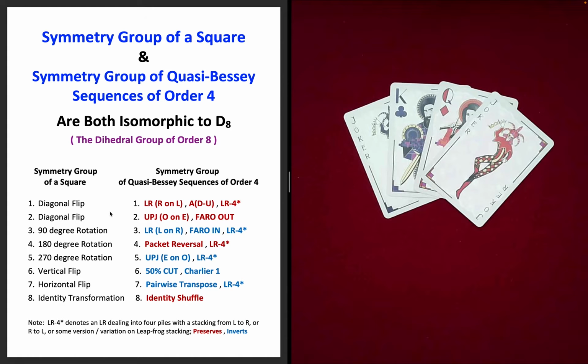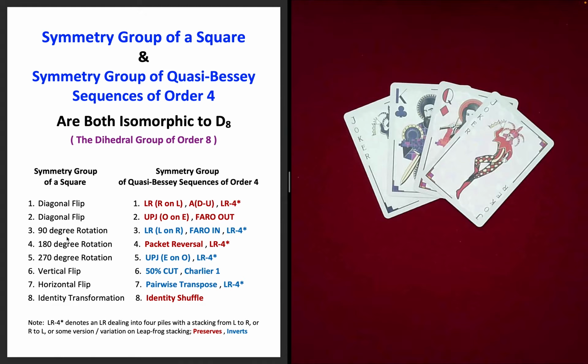One of them corresponds to a left-right dealing in which the right pile is stacked on top of the left, or the Australian down-under shuffle, or even dealing out into 4 piles, which is not what we did, but we could. The other diagonal flip corresponds to an up jog in which the odd position cards are stacked on top of the evens, or equivalently, the pharaoh out gives you the same rearrangement of the cards.